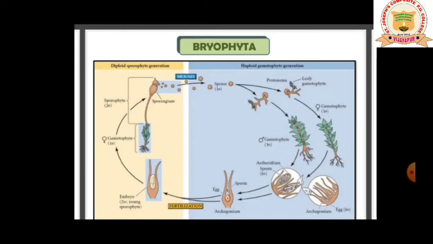They produce a zygote. The zygote does not undergo reduction division immediately. After the fusion of male and female gametes, the zygote has to go for division, but it will not do so immediately in case of bryophytes. They produce a multicellular body called sporophyte.